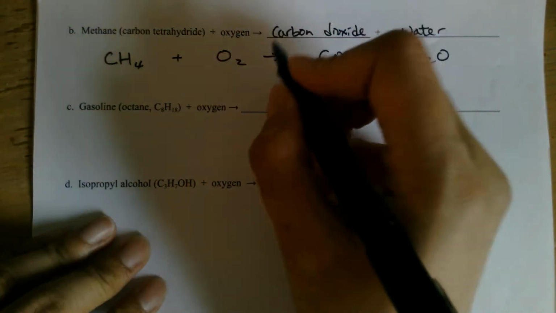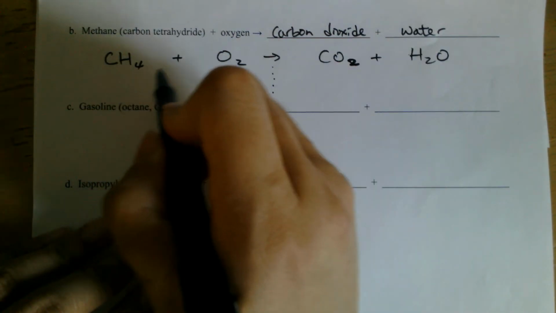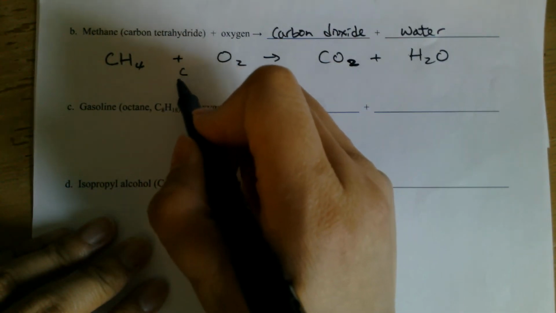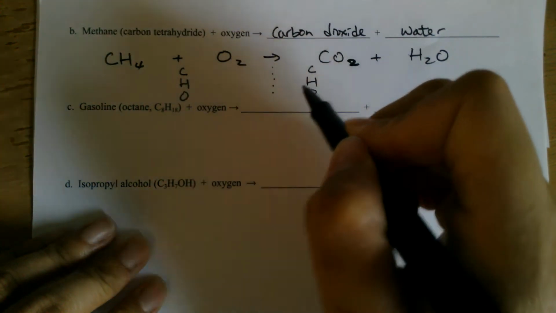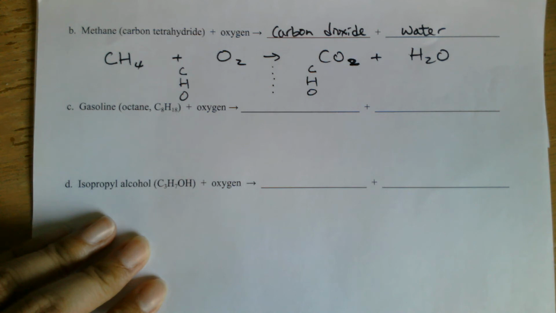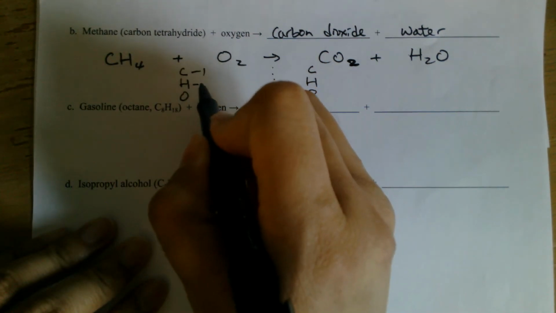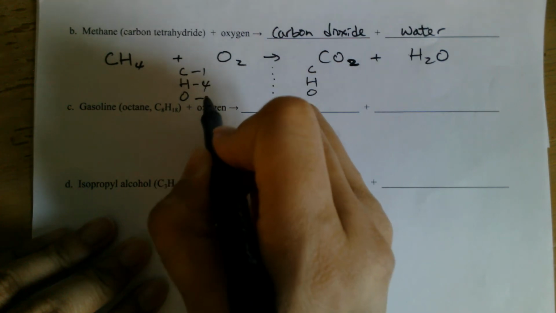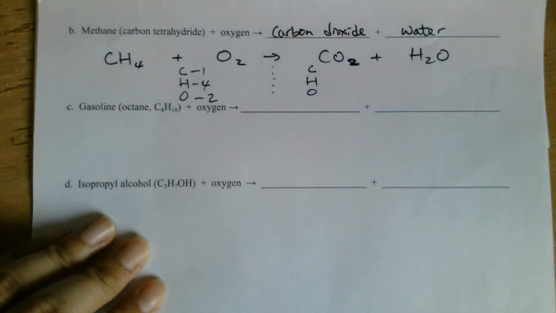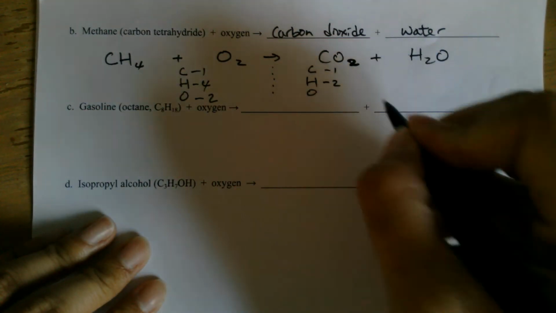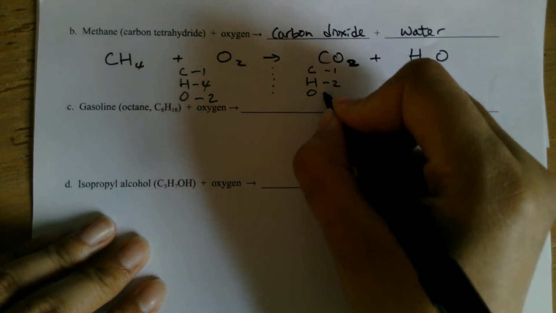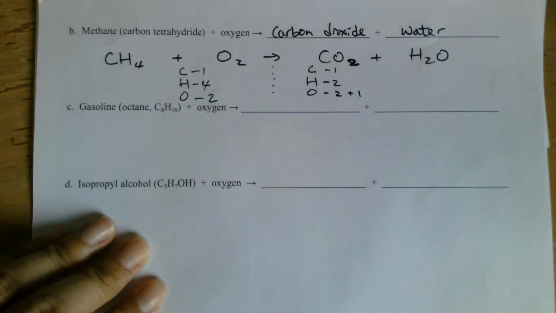So to balance this, again, we need to list out our number of carbon, hydrogen, oxygen. On the left, we have 1 carbon, 4 hydrogens, and 2 oxygens. On the right, we have 1 carbon, 2 hydrogens, and 2 plus 1 oxygens.